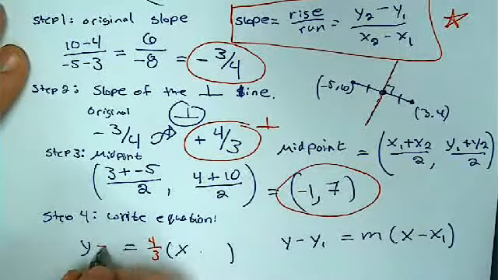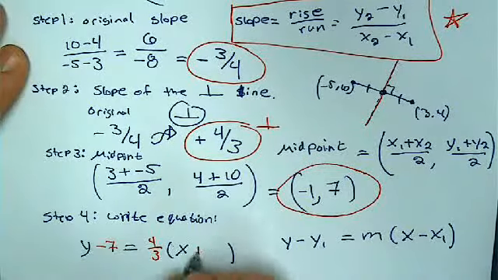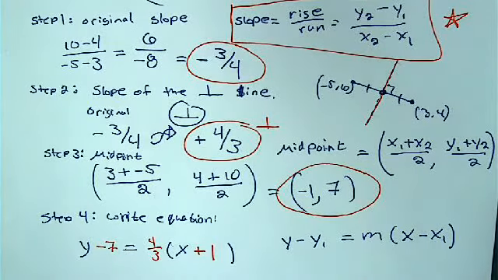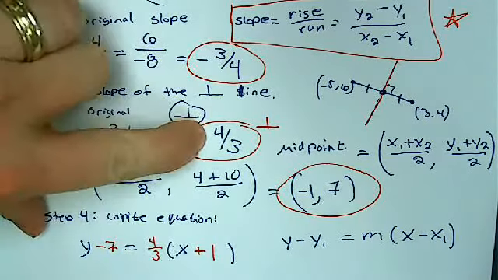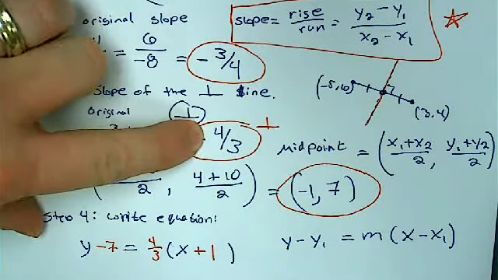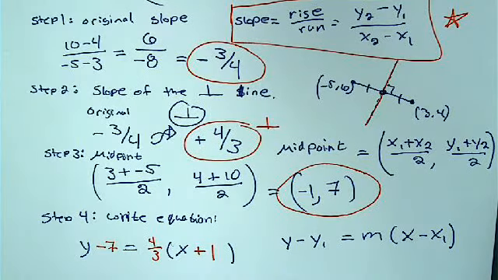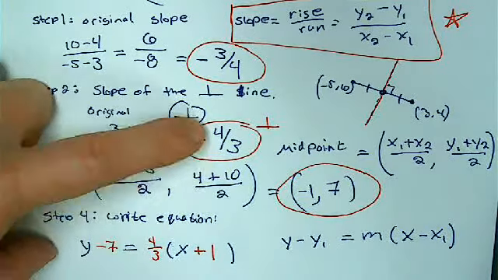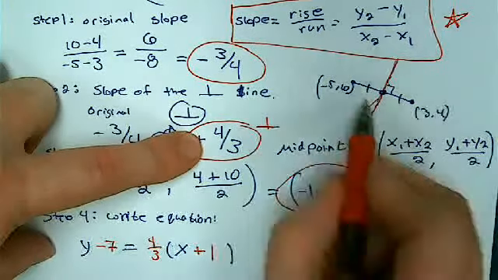Y is 7. X is -1. Yeah. If you're looking for the perpendicular bisector to the segment, I'm going to use the perpendicular slope, because this will be the slope of the line that's perpendicular to my original.